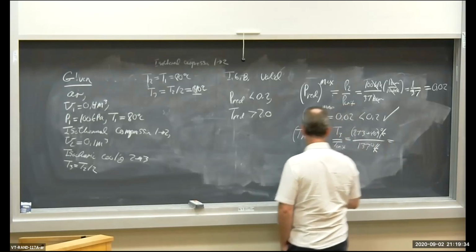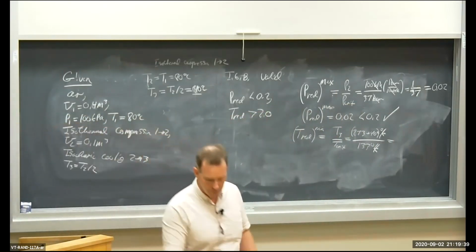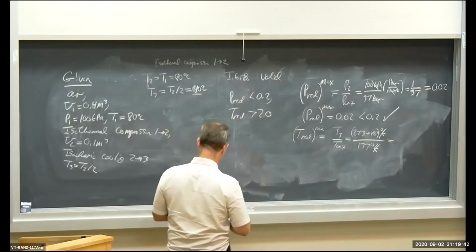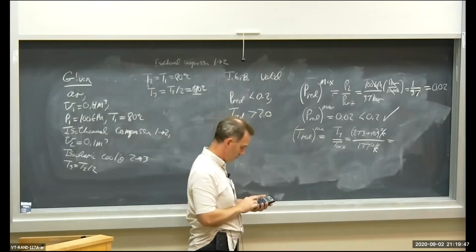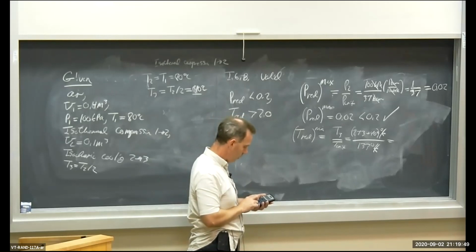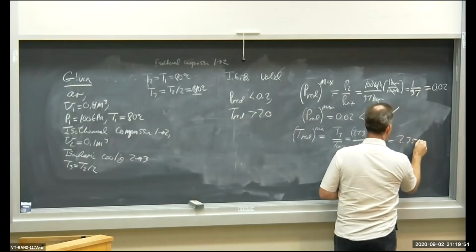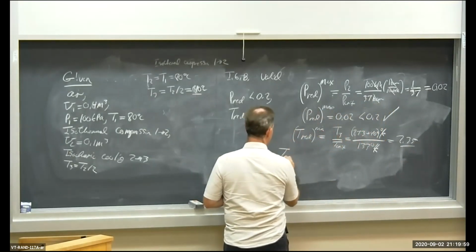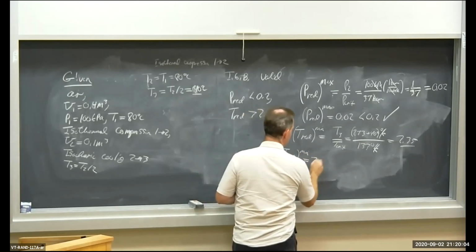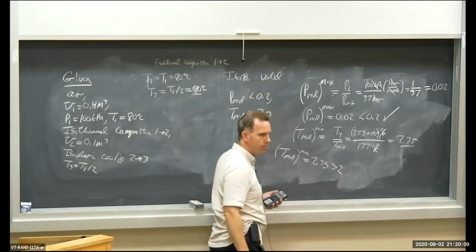Kelvins cancel. 273 plus 40 is 313, divided by 133, and I get 2.35. T reduced min equals 2.35, which is greater than 2. IGB is valid.